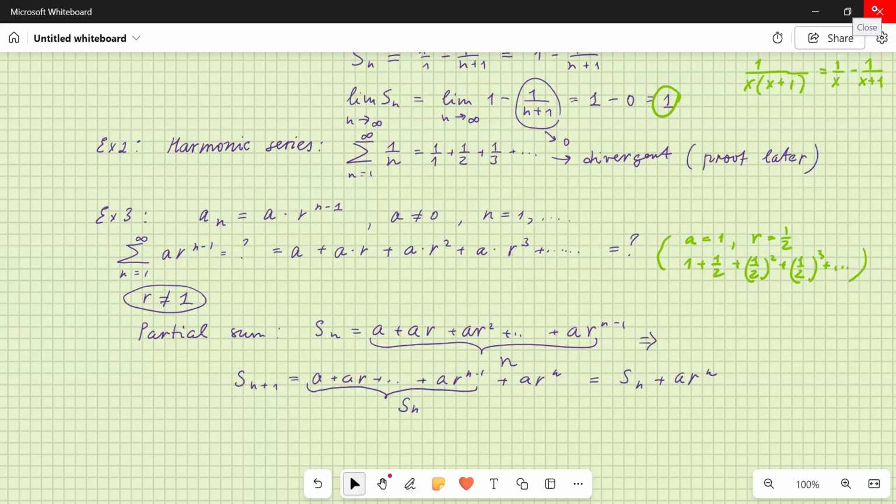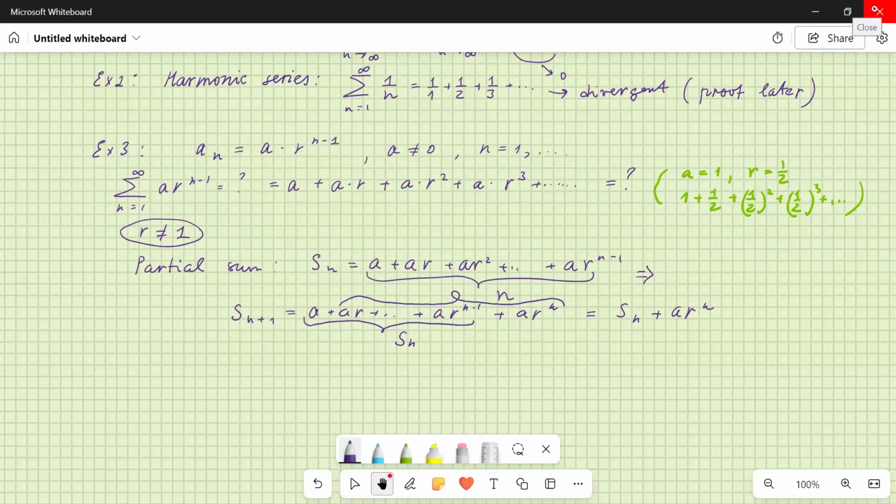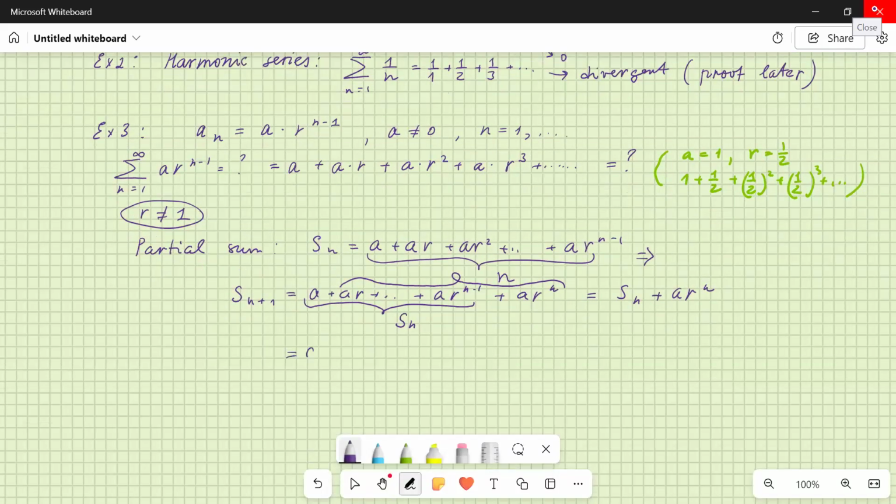Well, actually, if you consider these terms, all terms besides the first one, you are going to see that each of them has r, and you can take this r outside of parentheses. So I'm going to write down the first term a and then r.